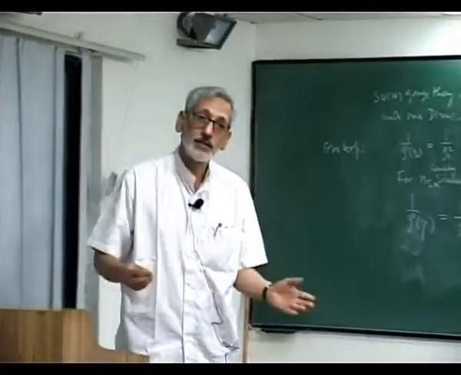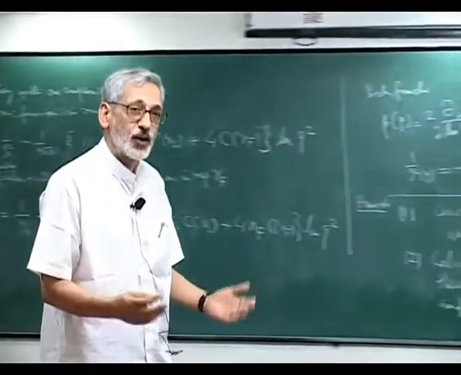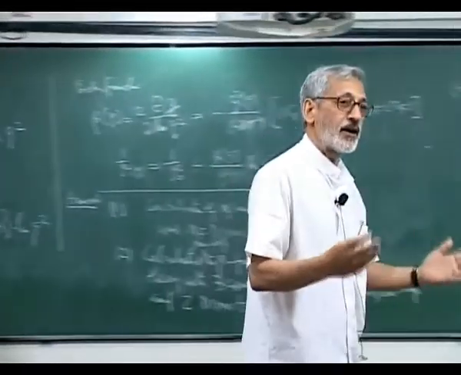And if you have understood it, then you would have calculated one loop beta function for what is known as n equal to 4 supersymmetric Yang-Mills theory.